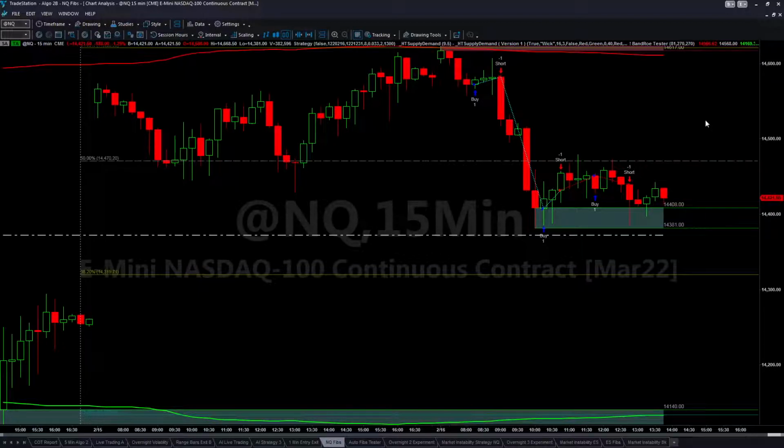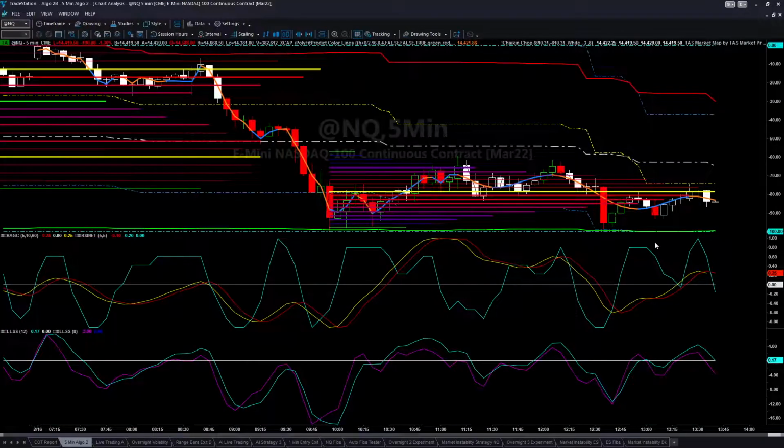Alright guys, we're in this sideways pattern right now, and I'll put it back in consolidation so you guys can actually see more detail of what's going on right now in the market. It's just going sideways right here.